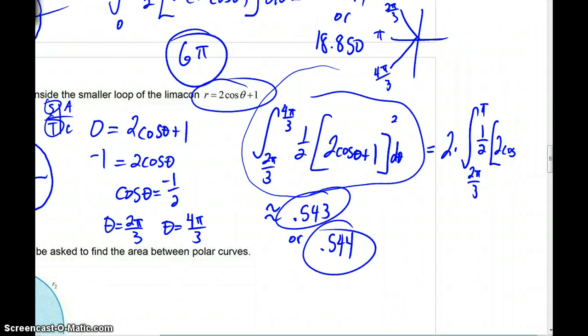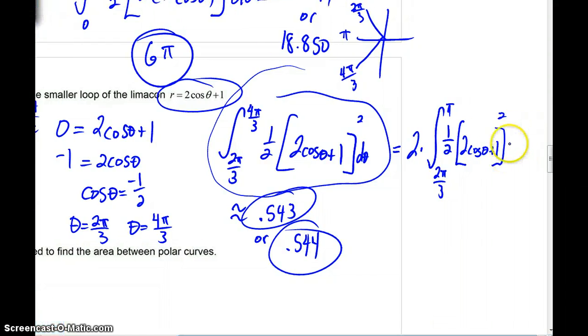I just want to point this out because sometimes symmetry shows up quite a bit, and it can be a little bit alarming to kids because as they're finding angle boundaries, they don't necessarily think of pi. But this would be an equivalent integral that would measure the area of that inner loop.